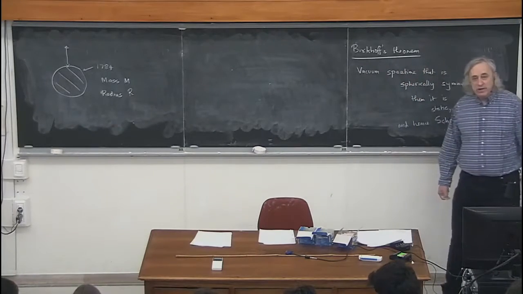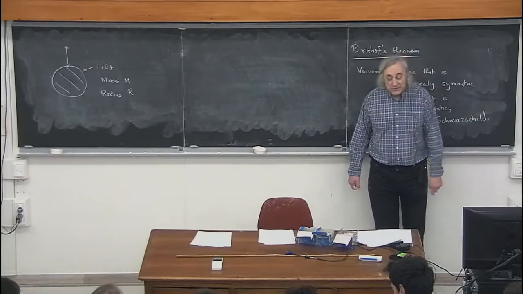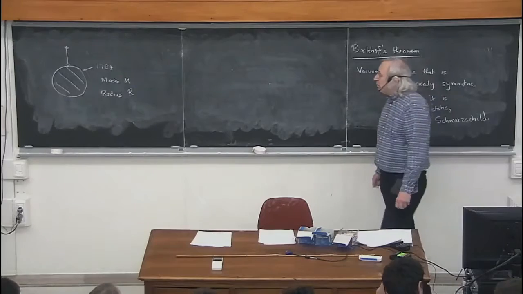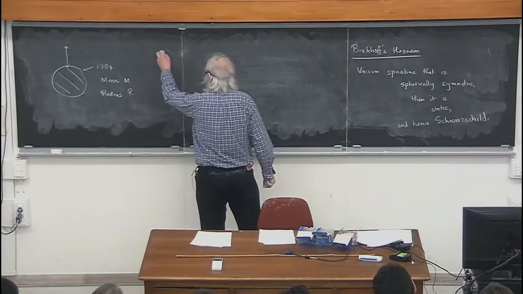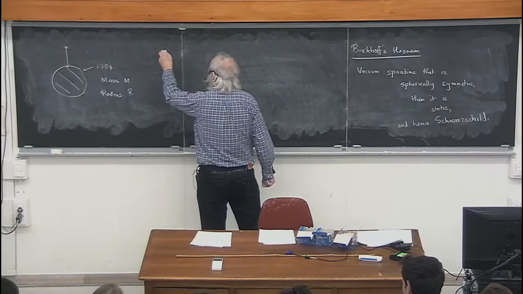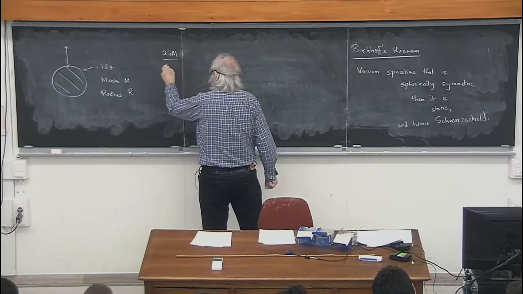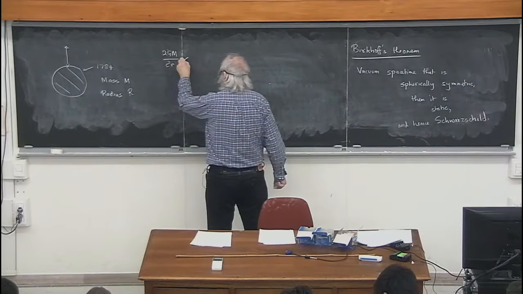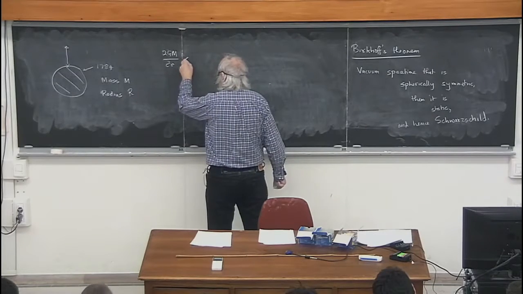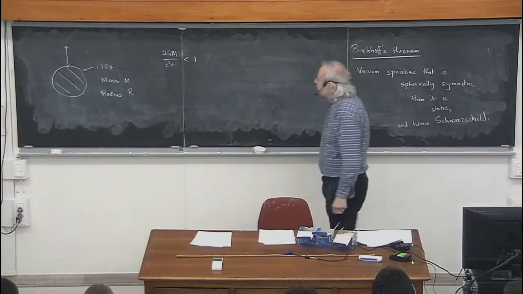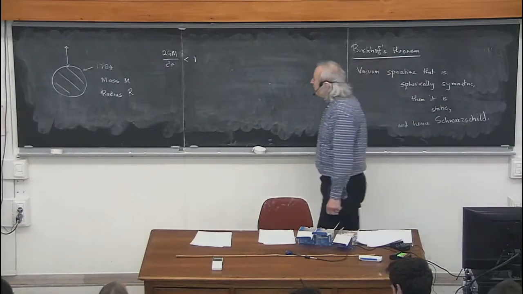And of course the answer is no. If its velocity is less than the escape velocity, it won't reach infinity. He computed the escape velocity and concluded that if 2GM over c squared r was less than 1, c being the velocity of light, then it could not escape.